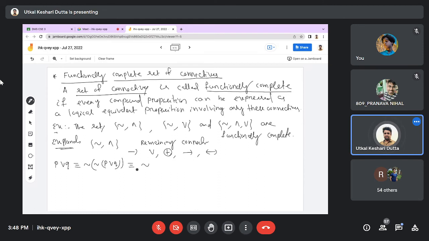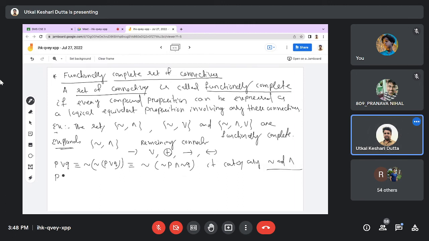Use De Morgan's law: negation P and negation Q. So the right hand side is an equivalent proposition containing only negation and conjunction. Like this, you have to find all.